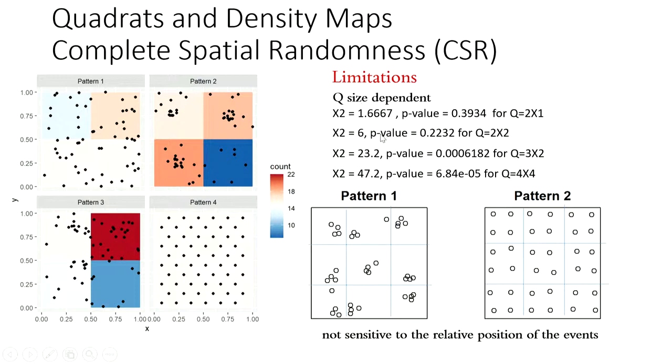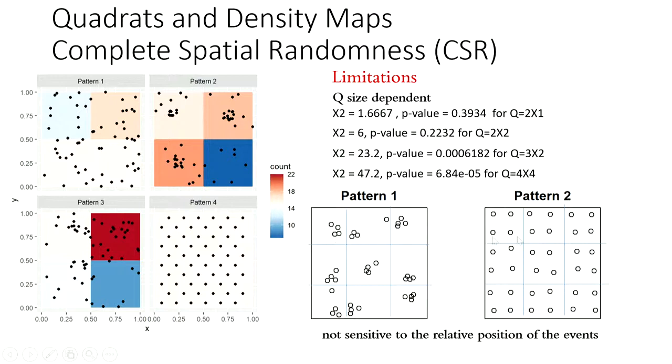So these kinds of limitations show that for carrying out cluster analysis you need a scale dependent approach, and before taking any measurement we need to know the optimal scale which has to be chosen by the analyst. The other problem is that it doesn't bother about the grouping or the interdistances between the event points.